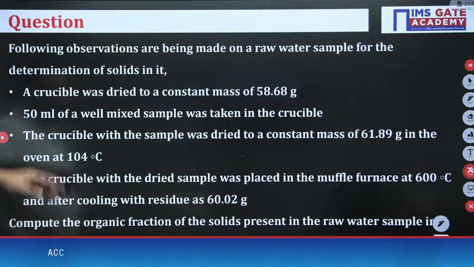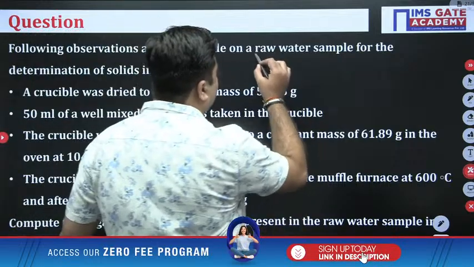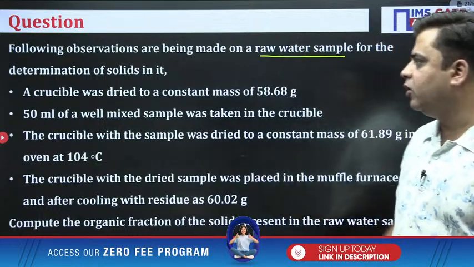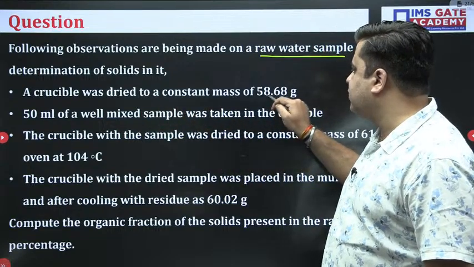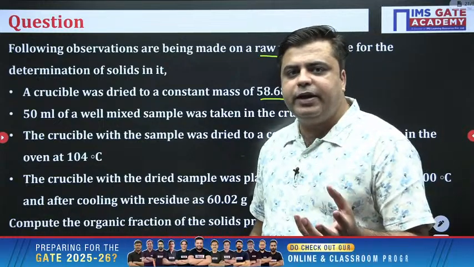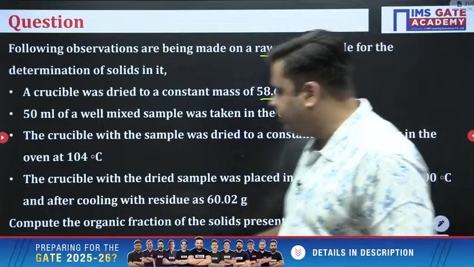So the question says that the following observations were made on a raw water sample. A crucible was dried to a constant mass of 58.68 grams. Means the empty weight of the crucible, W1, is given to you as 58.68 grams.